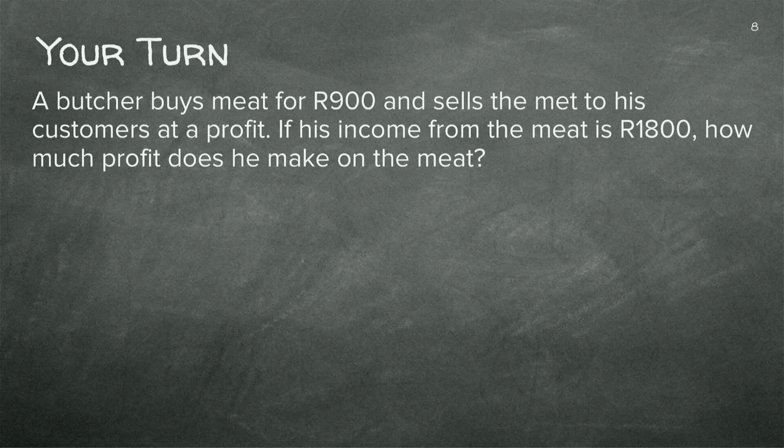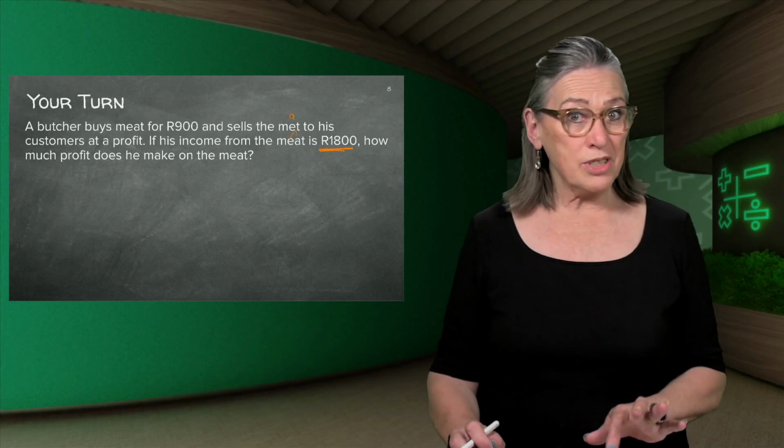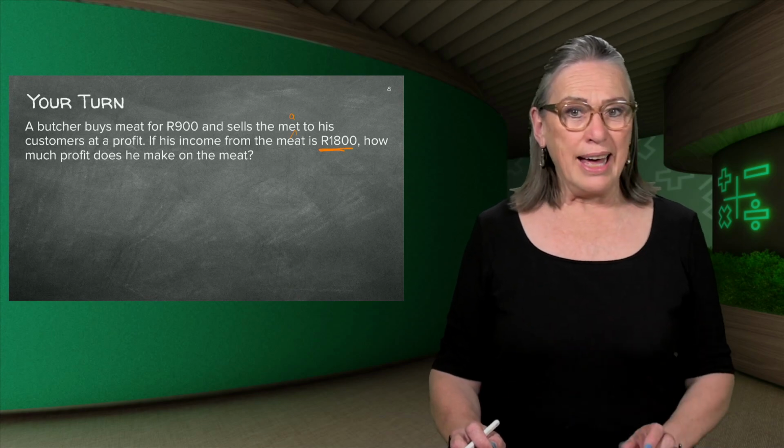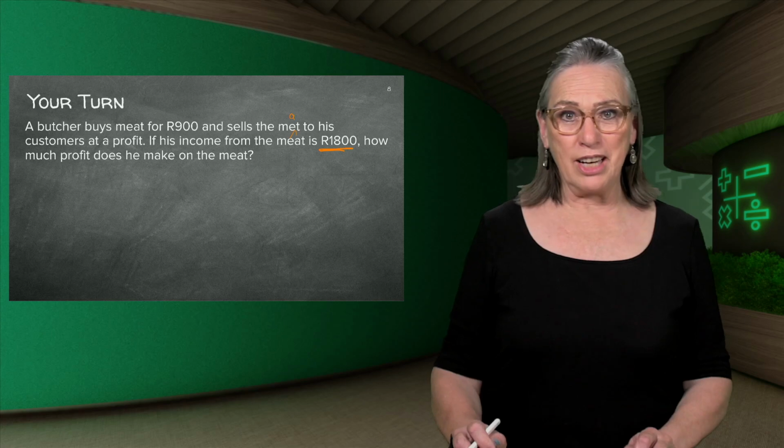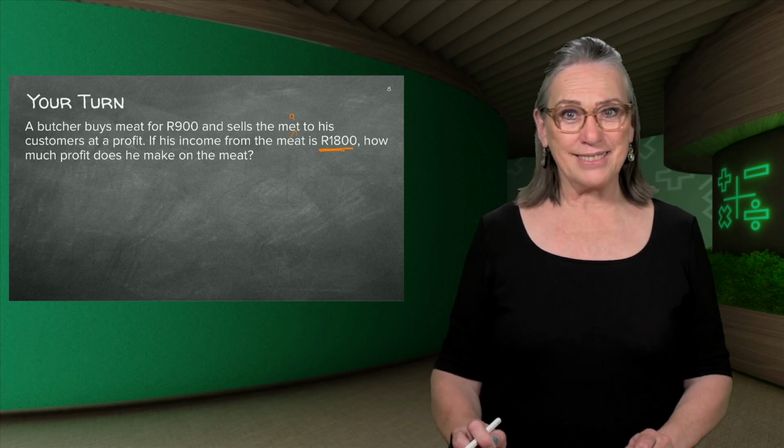Let's do an example. A butcher buys meat for 900 Rand and sells the meat to his customers at a profit. If his income from the meat is 1,800 Rand, how much profit does he make on his meat? So I want you to pause it and I'm going to see you just now and we're going to work out the answer and see if you're correct.